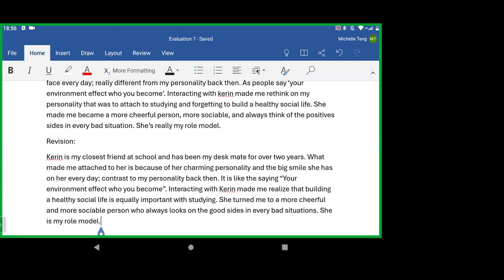Or you can change this a little bit. Instead of saying "forgetting," you can actually say "neglecting a healthy social life." So we can exclude the word "to build," or say "neglecting to build a healthy social life."